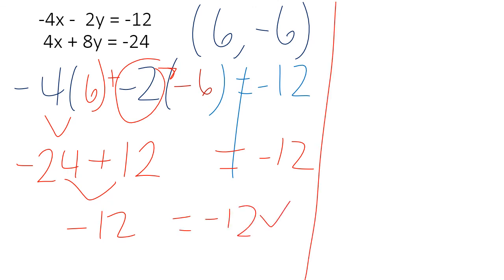And then I'm going to go ahead and plug it into the other side, write a little smaller hopefully, 4, and then we're going to be multiplying this by 6 plus 8, and instead of y we're going to be putting in negative 6 should equal 24.